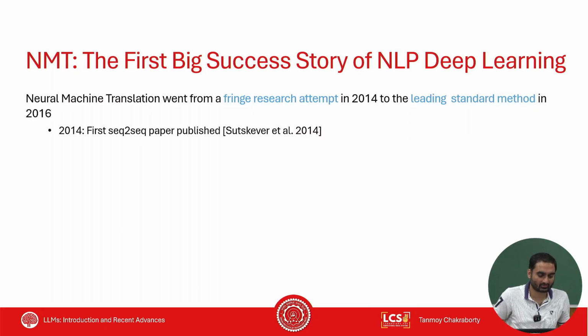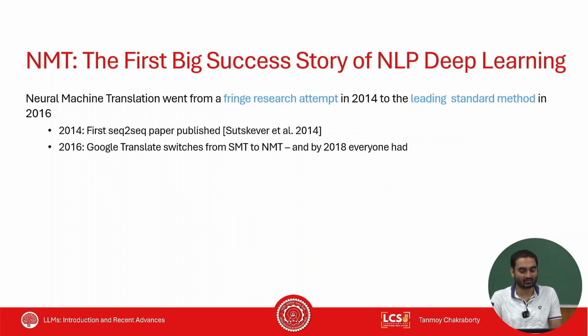Okay, so the sequence to sequence model was very popular in 2014. In fact, it turned out to be one of the popular models which outperformed all the statistical machine translation models that were out there, right?